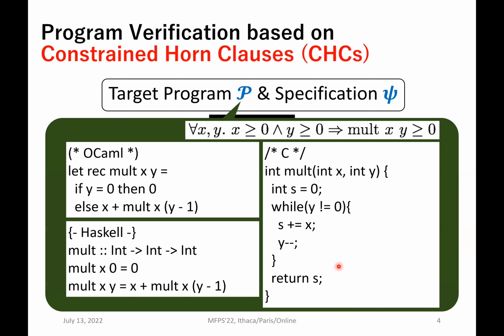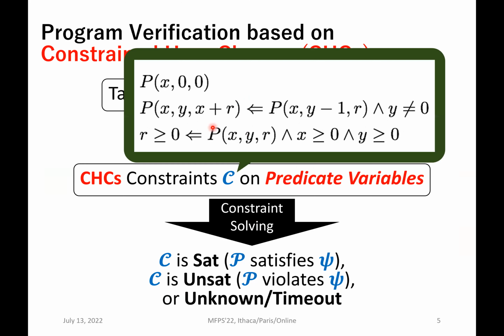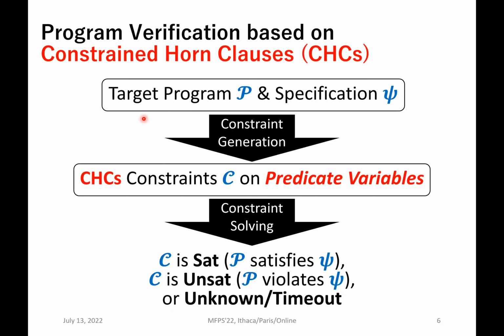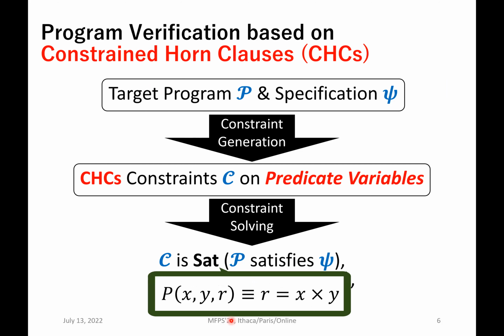And for example, given a program written in some language of OCaml, Haskell, C, or whatever language you like, and its specification, we generate a set of constraints like this over predicate variables. And by solving the constraint set, we obtain a solution, a predicate substitution like this.